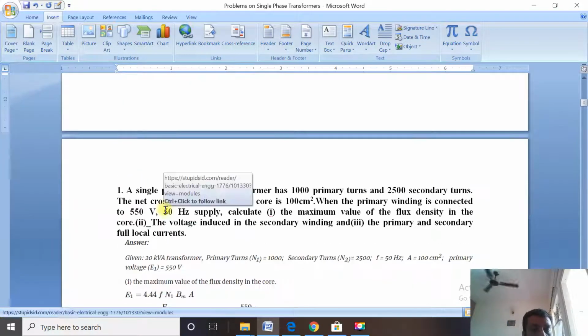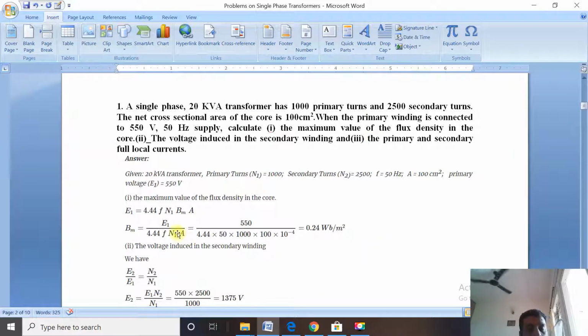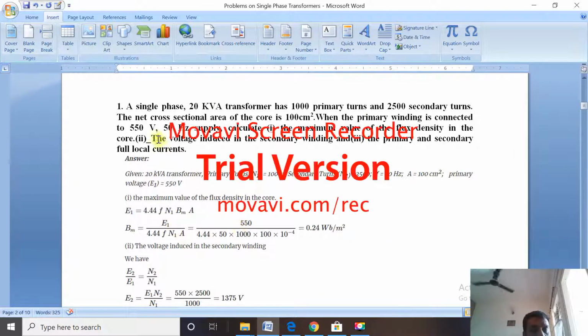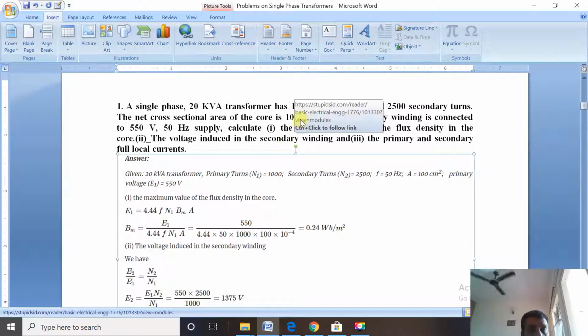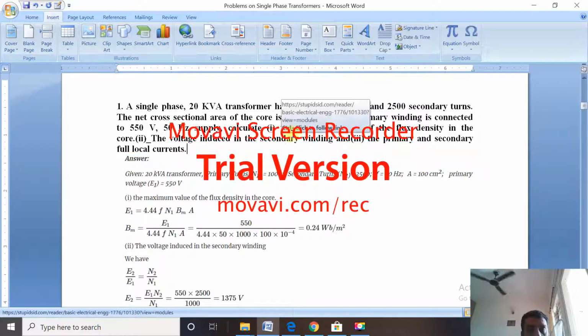So E1 is 550, assuming your induced EMF and the input voltage are the same. So B_m is 550 divided by 4.44 into 50 into 1000, the primary turns, into 100, the cross-sectional area.